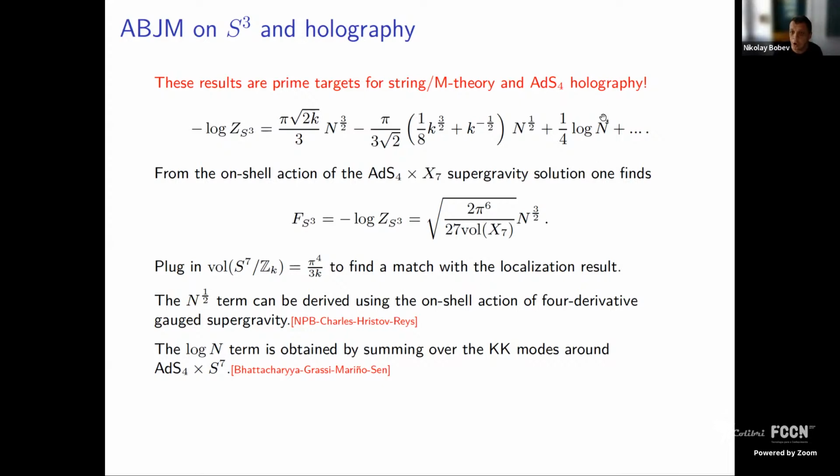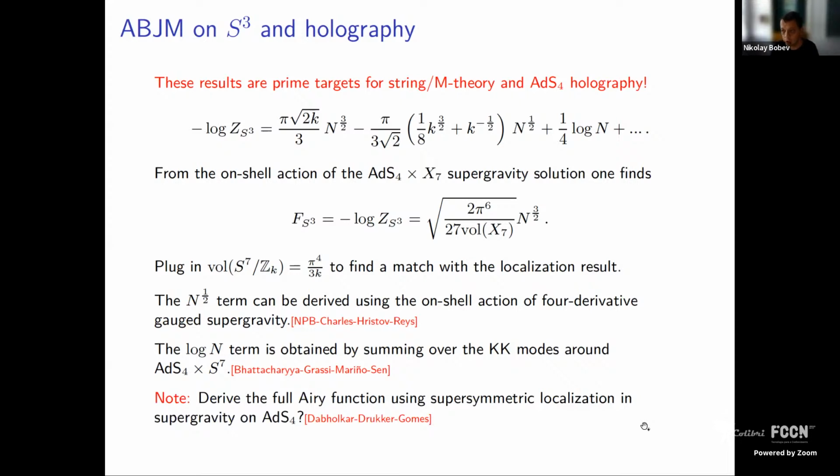So this log is coming not from an on-shell action, it's coming from quantum loops of the KK modes. And this is essentially all that is known from the bulk, modulo a paper that I'm not sure I understand all details of. It's a paper in the literature where people claim that they can find the full Airy function, the all-orders thing, by doing supersymmetric localization in 4-dimensional supergravity.